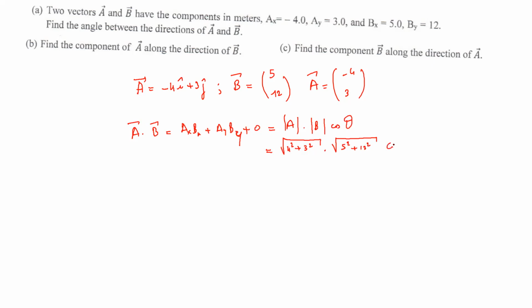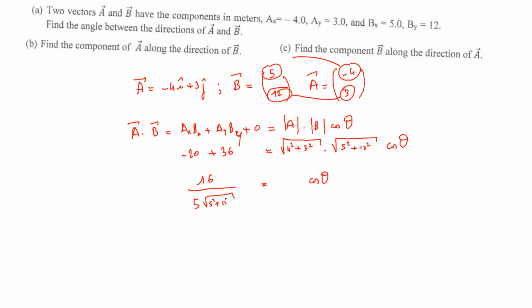Right? Cosine theta. Now this is equal to what? AX BX. What is AX BX? It is this multiplied by this. So that will give me minus 20 plus AY BY, basically 3 multiplied by 12. So that will give you 36. So that means that cosine theta is just equal to 16 divided by 5 times the square root of 5 squared plus 12 squared.